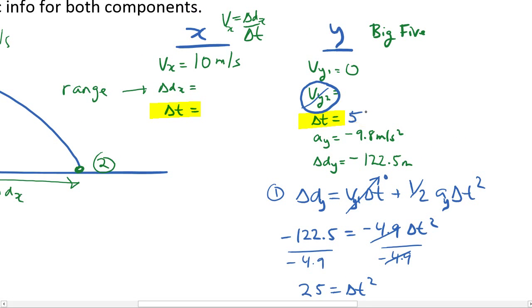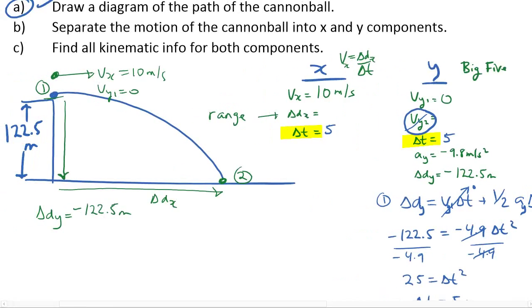And now we're going to import that 5 seconds over here. All right, so what do we know so far? We know it took 5 seconds for that ball to hit the ground. How far does it move horizontally in this time? So if I use this equation to solve for delta dx, v is equal to delta d over delta t, and I want to solve for delta d, so delta d is equal to v times delta t, in this case delta dx and vx.